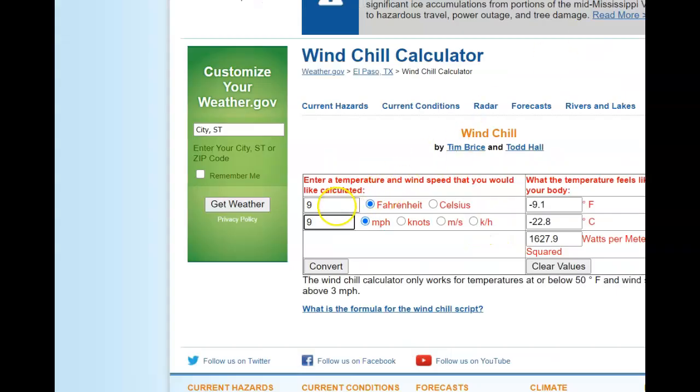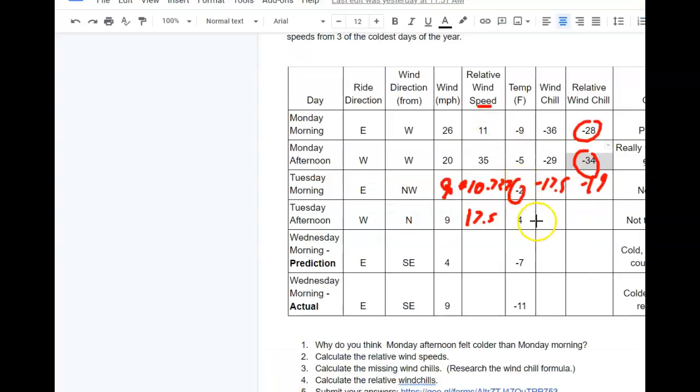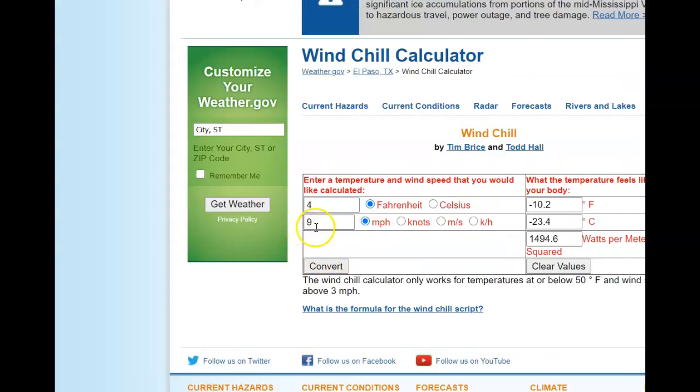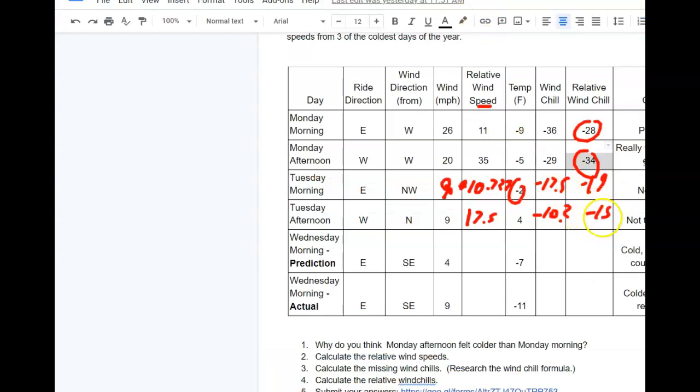That gives me a negative 10.2. And then if we do that again, temperature 4, but now we have a wind speed of 17.5. And we convert that. That gives me a negative 15.6. So we can put that in here. Negative 15.6. And again, not too bad at all.